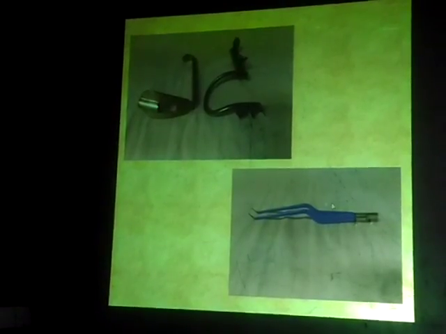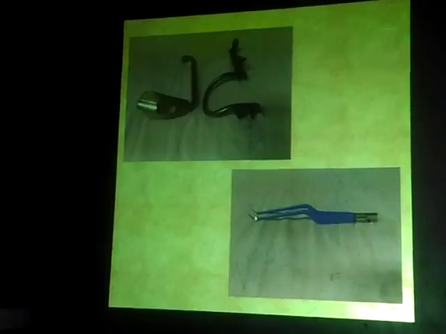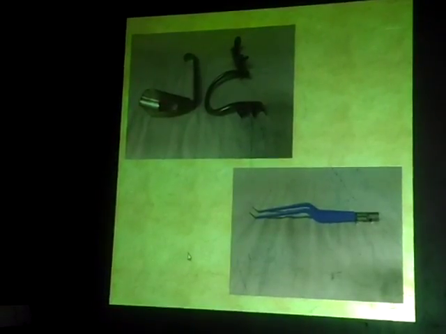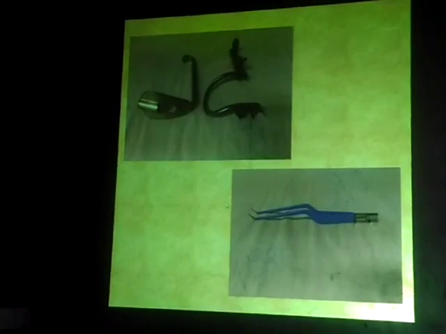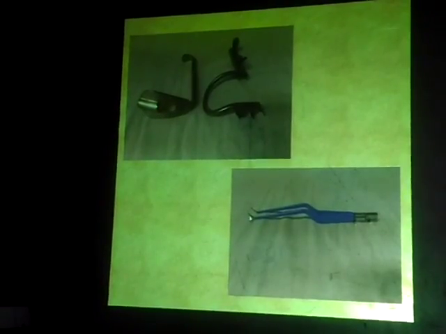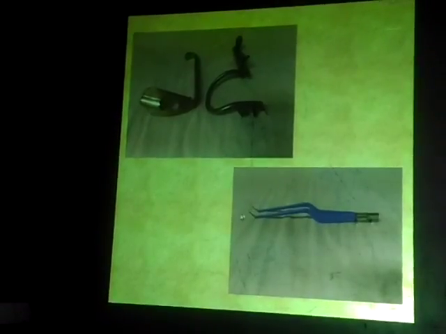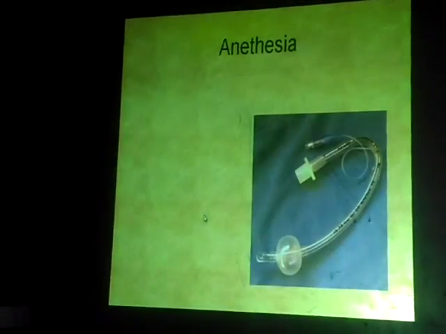Also, you have to have this bayonet-shaped, double-curve bipolar forceps. It's very handy, and it can reach up in the areas of the nasopharynx.